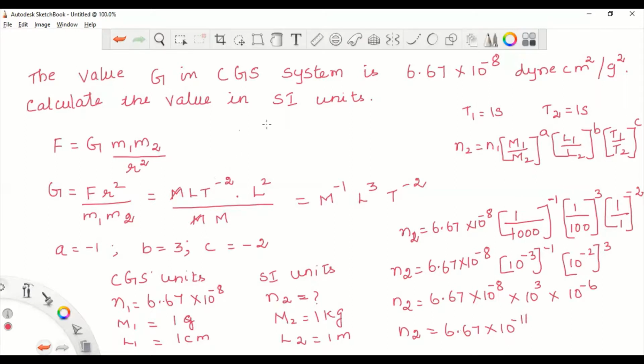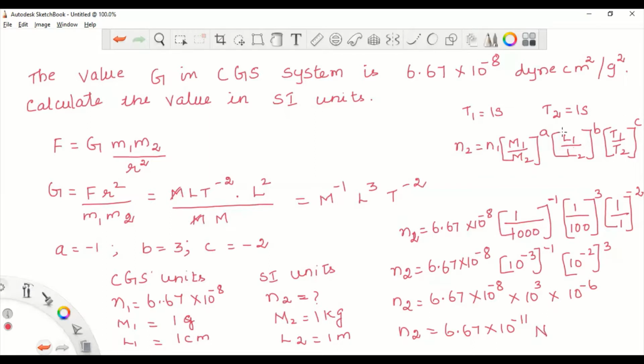Okay, so what is the value of G in CGS system? It is only 6.67 into 10 power minus 8. But now in SI system, the value becomes 6.67 into 10 power minus 11. Okay, so this is the value of G in SI system. Now, what is the unit? So, Newton.